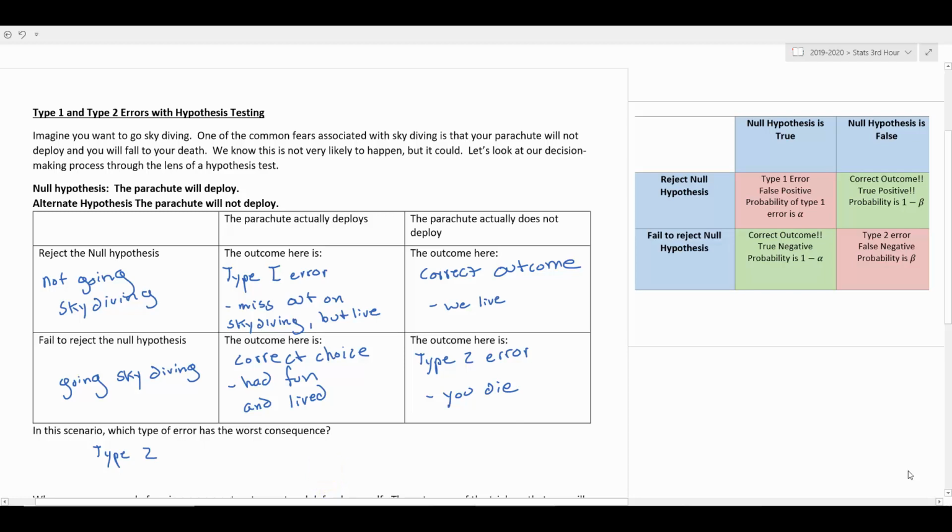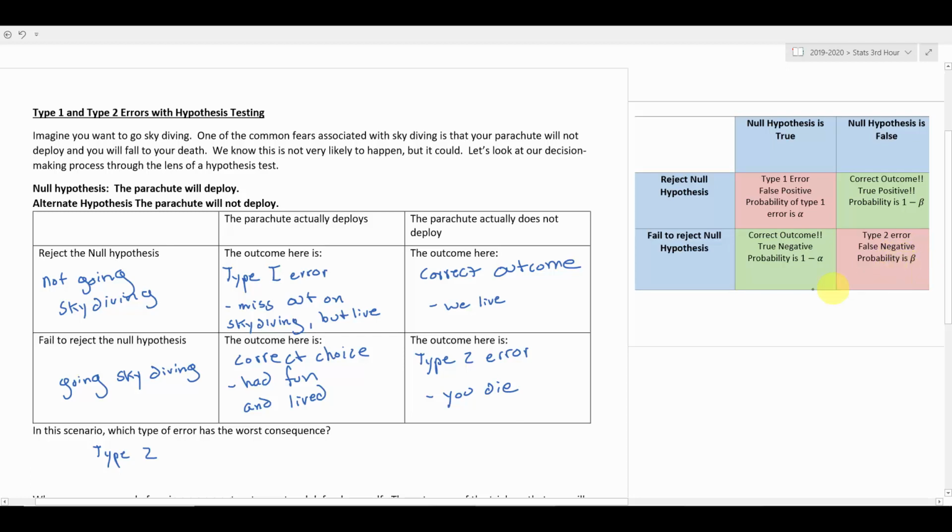Okay. And if you look over here at our chart, you can see that the probability of a type 2 error is considered to be beta, which is a weird variable. You can figure it out, but like I said, figuring out what beta is is more of a topic for an advanced stats course.